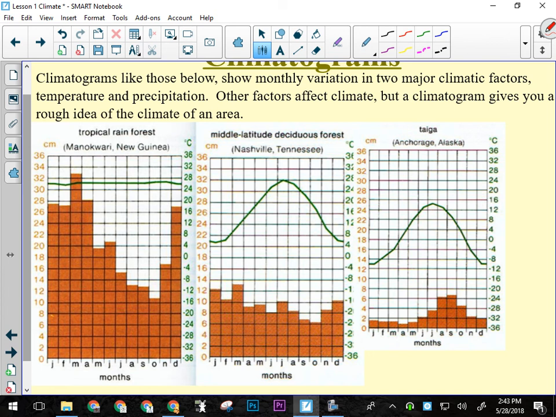Our typical monthly precipitation is something like this. Our wettest month is June, and typically we're looking at about 10 centimeters of rain in June. Beyond that, most of our months are pretty dry, including the winter. You're probably all thinking, yeah, well, we had a couple of storms this winter where we got this much snow.